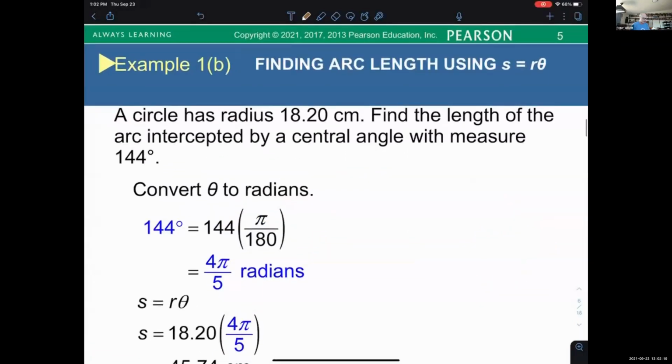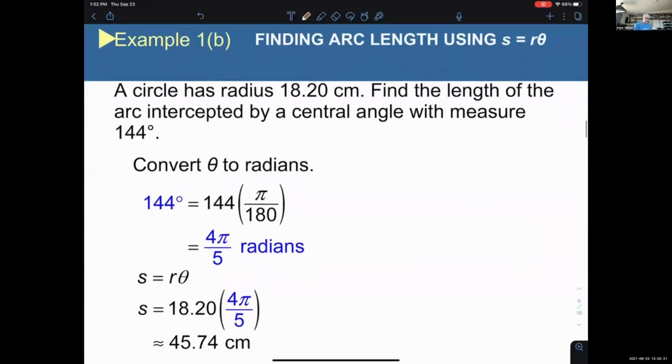So another example, just part B, where they didn't draw the nice picture, but we could still just use the formula. They're giving the same sort of measurement here of 18.20 centimeters for the radius, but now we want to find a measure of 144 degrees. So what's changed here is that they gave the angle measurement in degrees, and we have to now remember that to use the formula for arc length, it needs to be in radians.